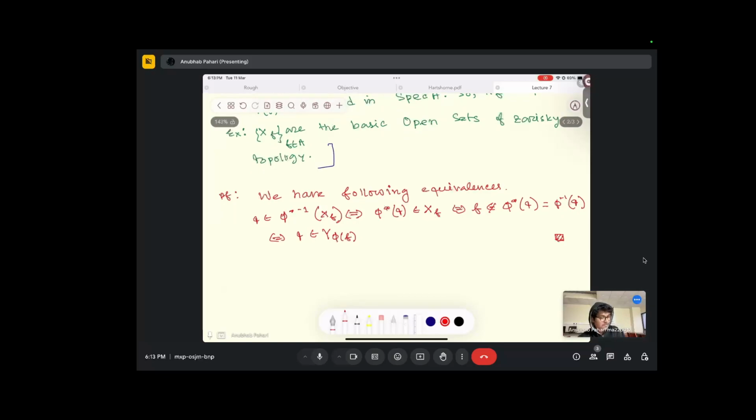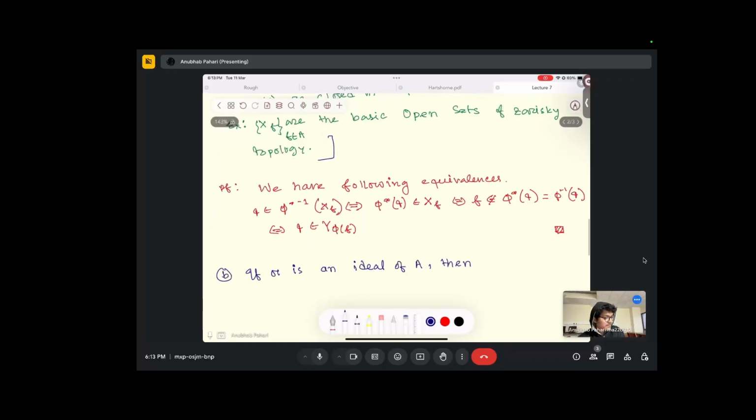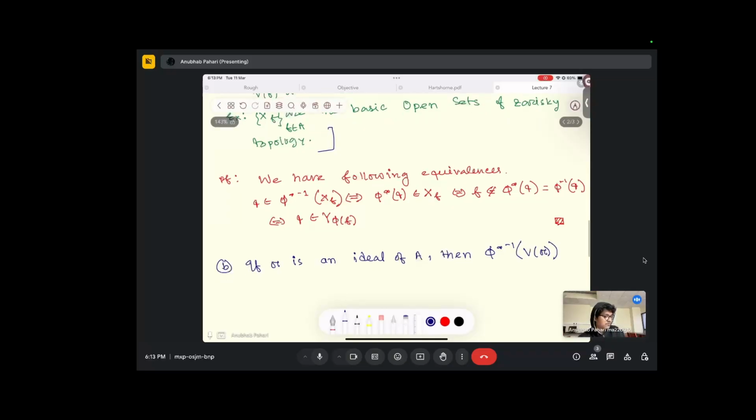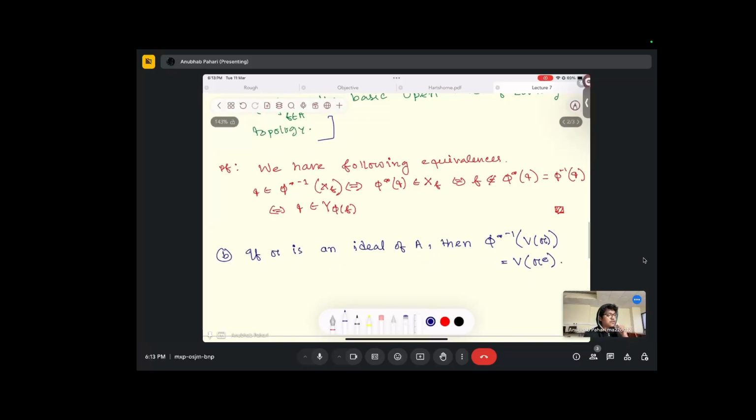Now coming to the second problem, that is, if a is an ideal of A, then phi star inverse of V(a) should be V(a^e), the extension.